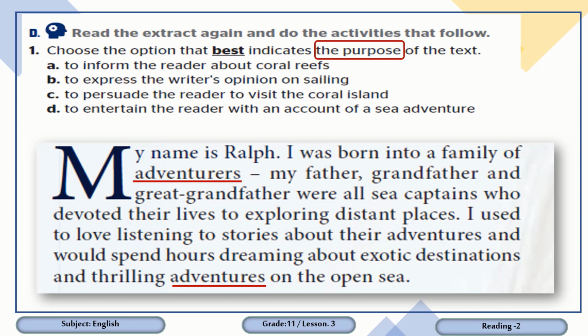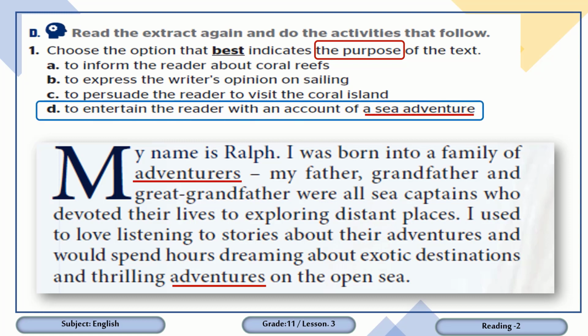So, from the very beginning, the writer attracts the attention of the readers that he is going to write something about an adventure. So, the correct answer is, excellent, letter D. The purpose of the text is to entertain the reader with an account of a sea adventure. Excellent. Good job.